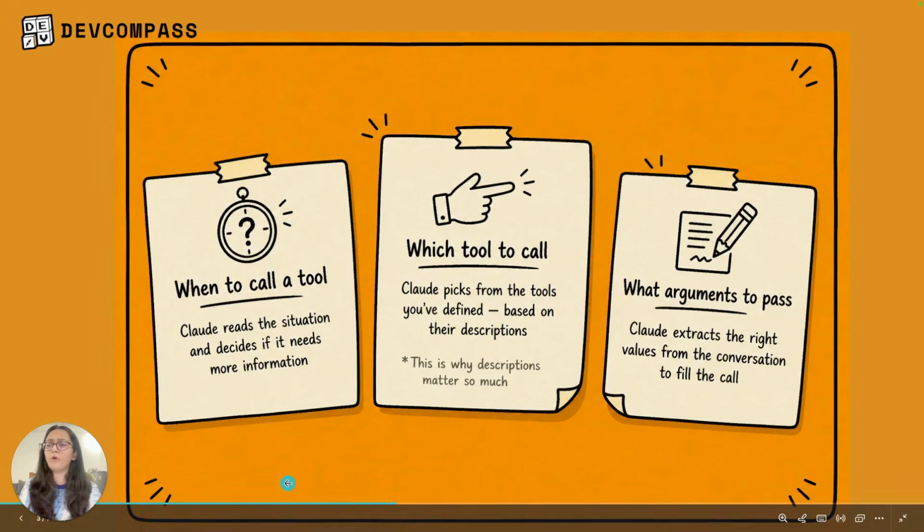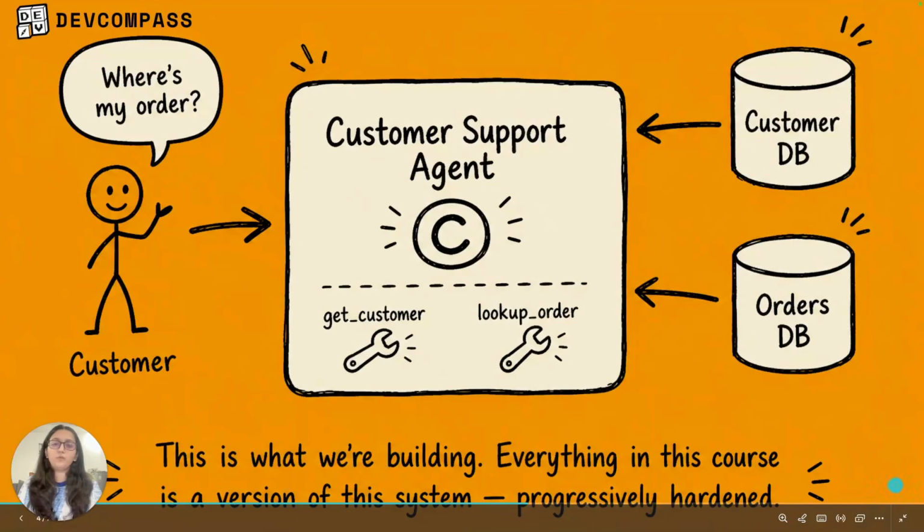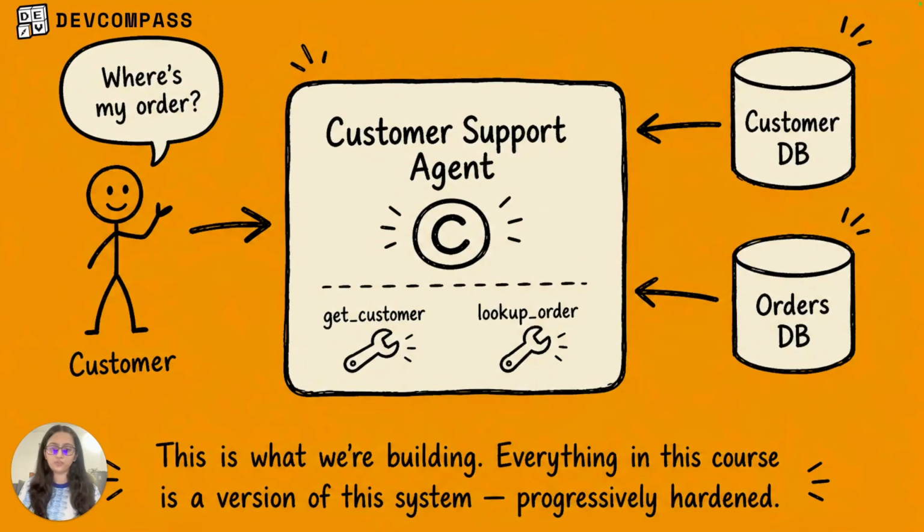Now let's talk more about this scenario. We're going to use this a lot throughout stage 1 and stage 2, since it's all about the customer support agent here. On the left, a customer is contacting support and asking something, right? Maybe, where's my order? Can I get a refund? What's my account status, etc. The question goes into the center box, the customer support agent. Inside that box is Claude, acting as the brain.